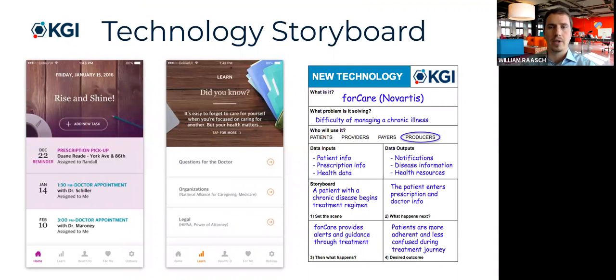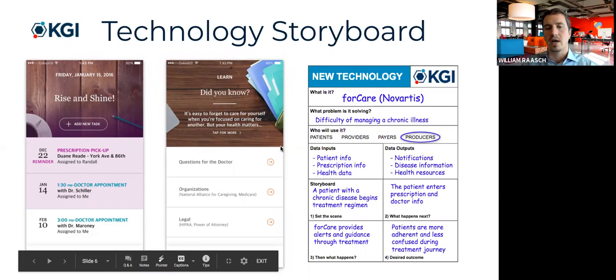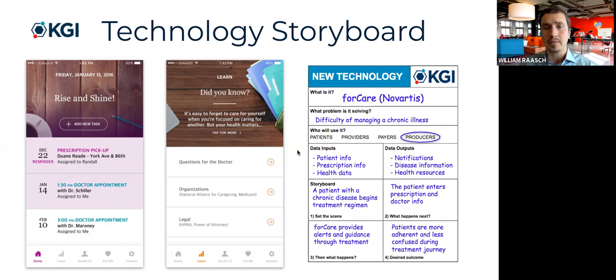Okay, so here I want to talk about ForCare, and this is an app that's basically made by Novartis, so it's made in-house, and it's dealing with the difficulty of managing a chronic illness. So the producers are the ones who actually make it. It's for their benefit, but I would also circle patients here because the patients are also benefiting and using this app. So the data inputs are the patient's info, their prescription info, and then their health data as they move forward.